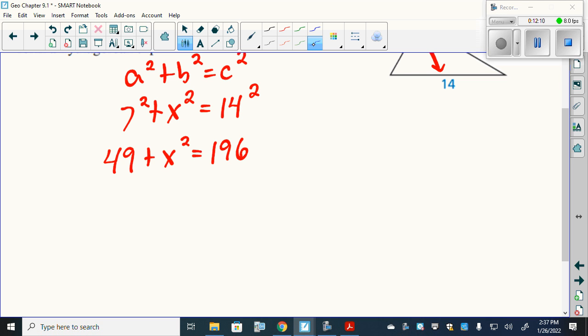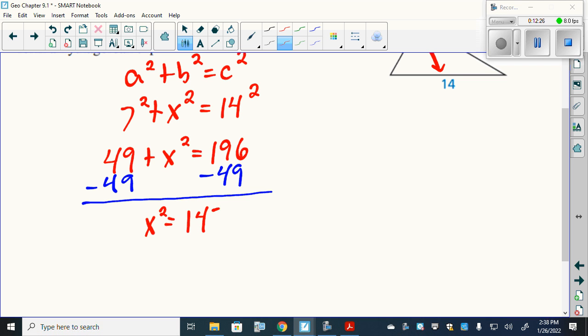Now what do we need to do next? We need to subtract 49 from both sides. There's a 147. Yes.